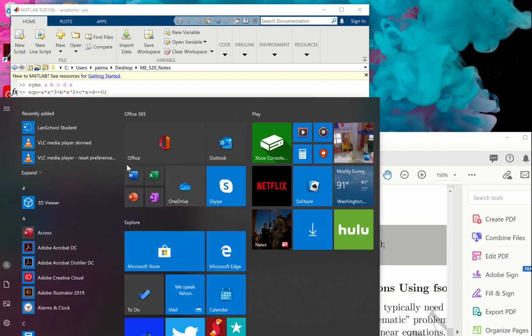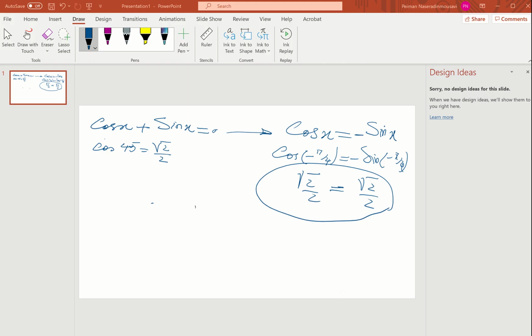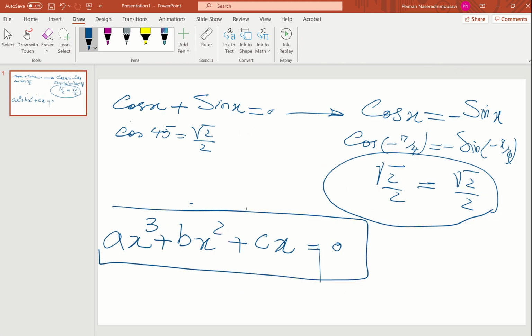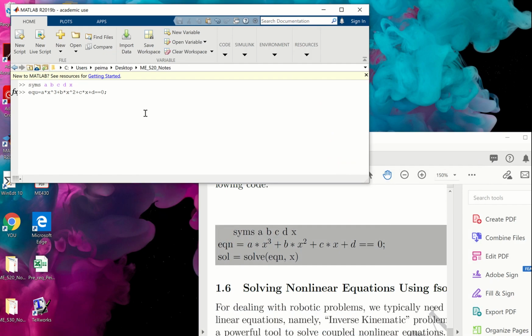So on the other hand, I want to solve this equation. See here? A x cubed plus B x square plus C x is equal to 0. I want to solve symbolically in Matlab. Okay, so I transferred everything based on this one.